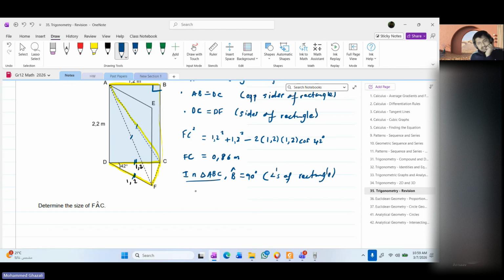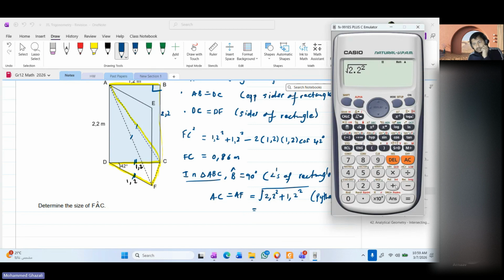We can say AC is equal to, remember AC was equal to AF, which is the same thing, using Pythagoras. We're going to say square root of 2.2 squared plus 1.2 squared. Remember this is 2.2 and this is 1.2. That's Pythagoras.